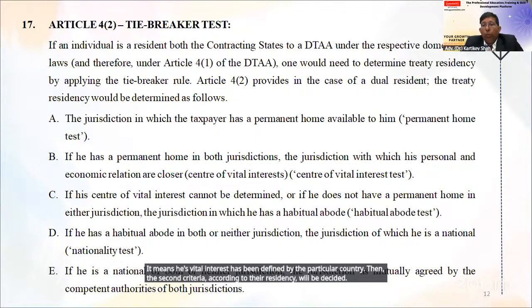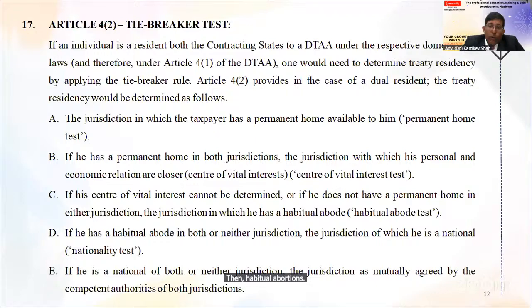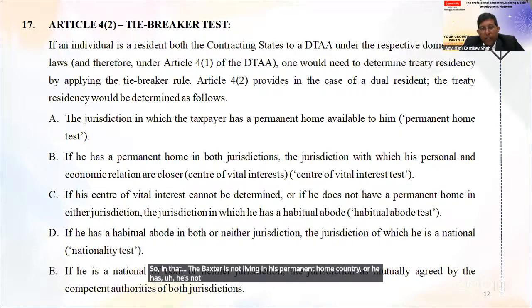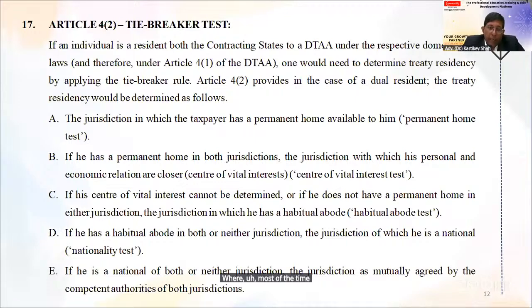Then the habitual abode test. Here, a taxpayer is not living in his permanent home country, or is not running his affairs from a particular country, and spends most of his time at a particular place.